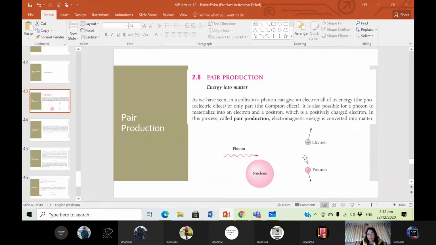It loses its energy and becomes an electron and a positron. And it does so in the presence of a nucleus. We need to have a nucleus present there for conservation of momentum and conservation of energy to take place. Then this photon, when it comes near the nucleus, will be converted into an electron and a positron by E equals mc squared. It will convert electromagnetic energy into matter.